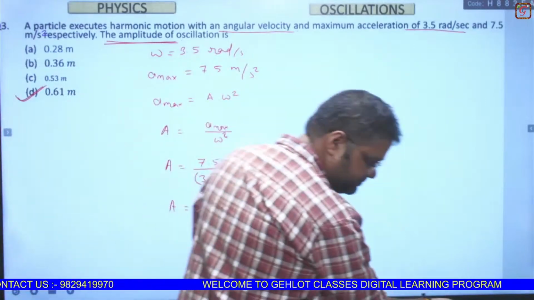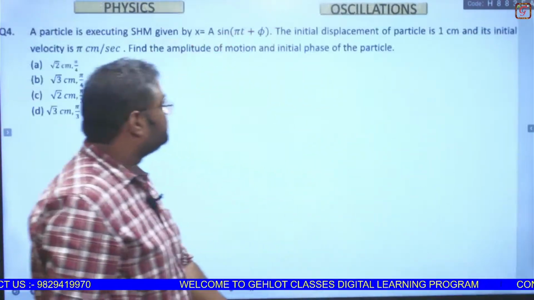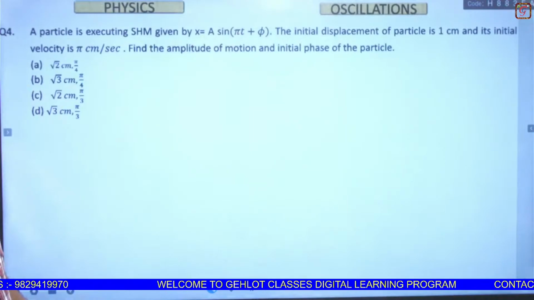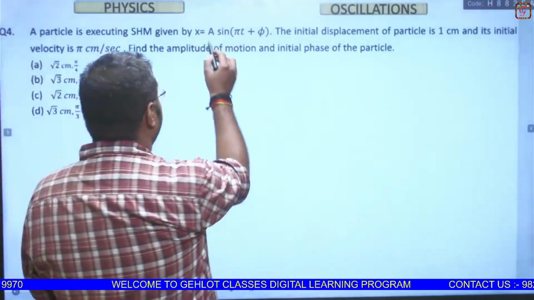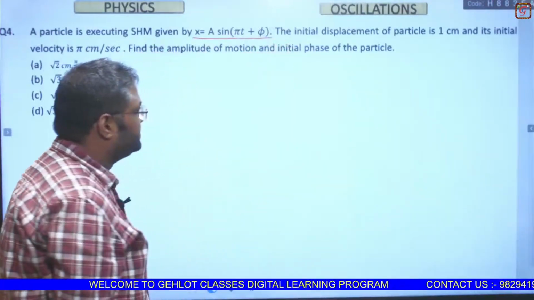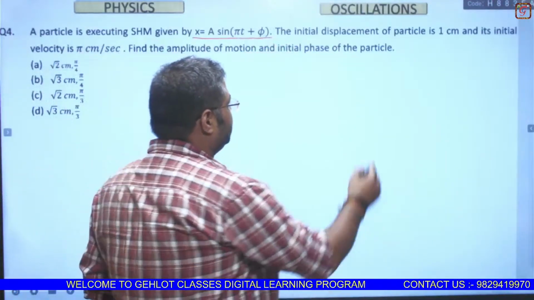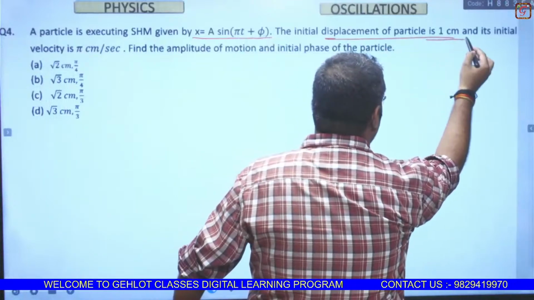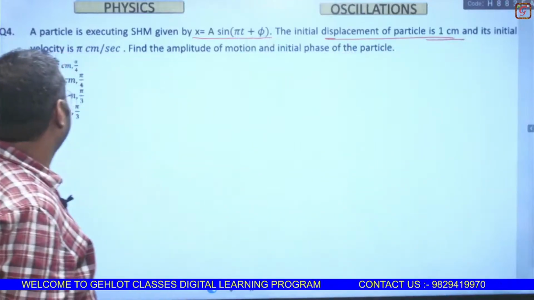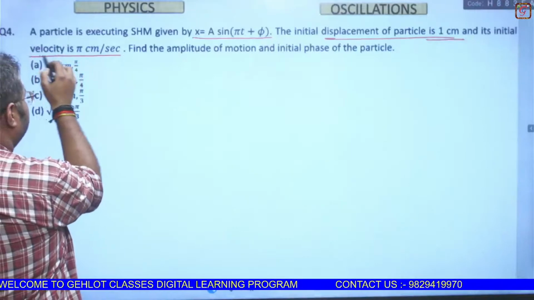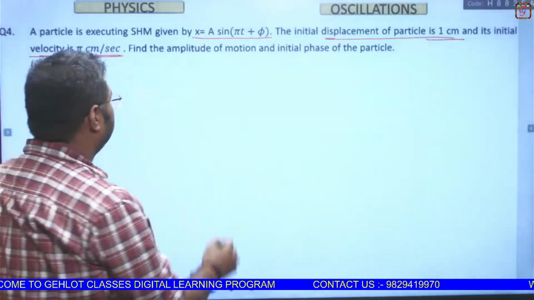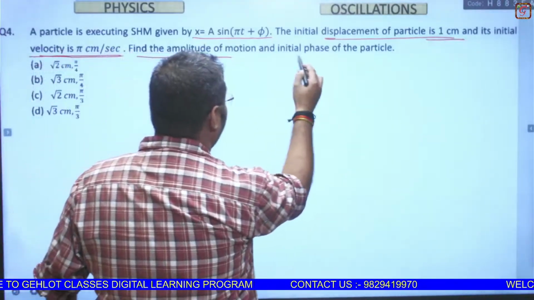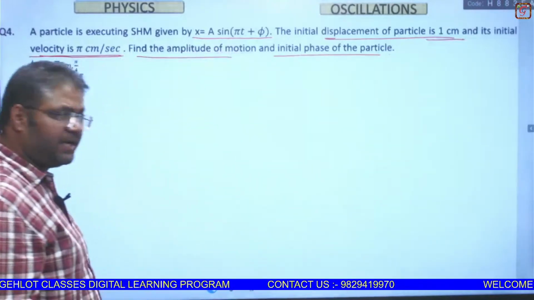Now the question number 4: a particle is executing S.H.M given by x is equal to A sine pi into t plus phi. The initial displacement of the particle is 1 centimeter and its initial velocity is pi centimeter per second. Find the amplitude and initial phase of the particle.